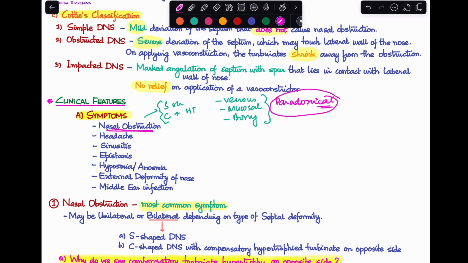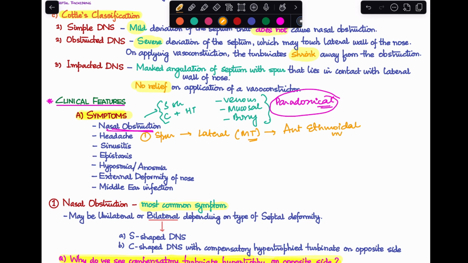Now next, let's talk about headache. Headache can happen because of different reasons. The first reason would be a septal spur. I showed you on the image that a septal spur can press on the lateral wall of the nose. Especially when it presses on the middle turbinate on the lateral wall, it compresses a nerve known as the anterior ethmoidal nerve.